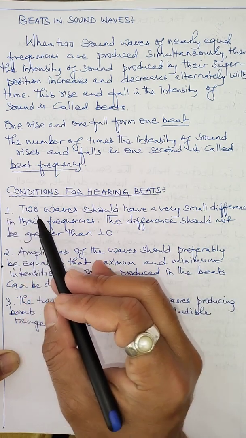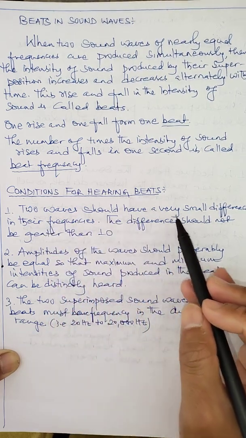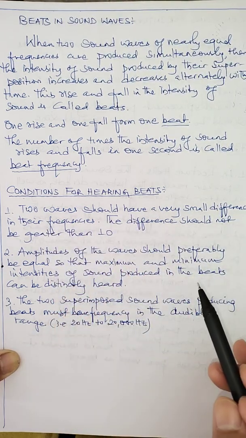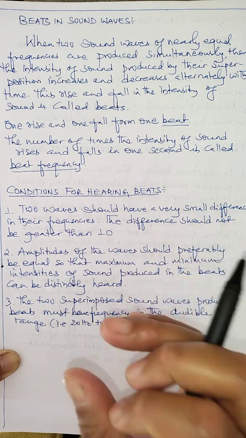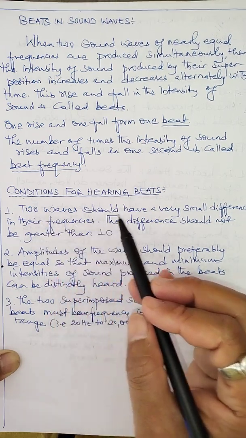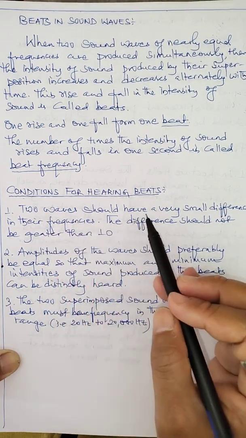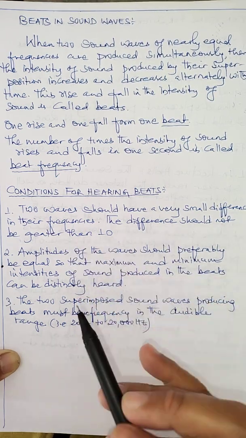Number one is two waves. There should be at least two waves, and these two waves should have a very small difference in their frequency. That's why I told you the frequency should be nearly equal, slightly different from each other. The difference of frequency of the two waves is very small, and this difference should not be greater than 10.